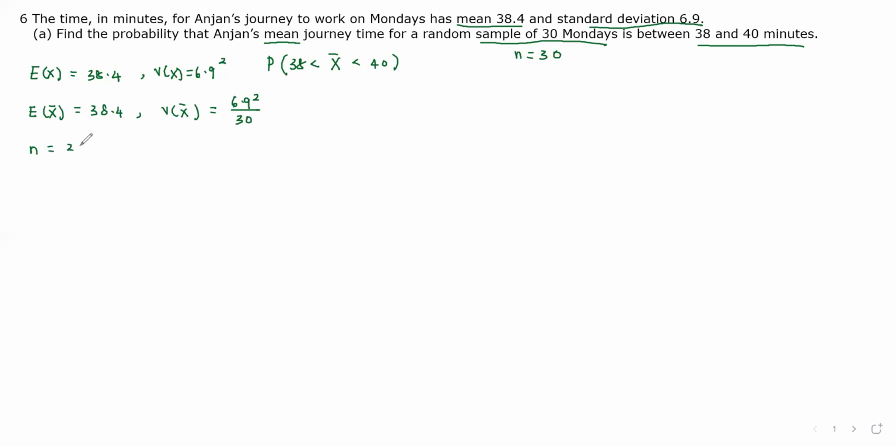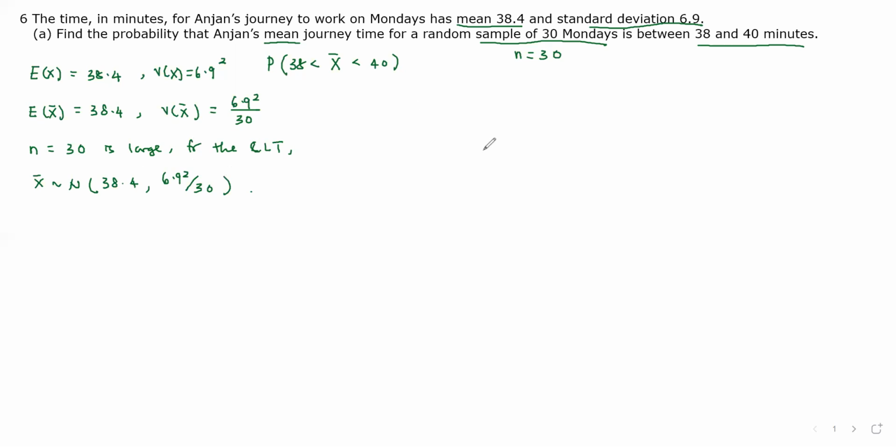Since n equals 30 is large, from the central limit theorem, X bar follows a normal distribution. The mean is 38.4 and the variance is 6.9 squared over 30.